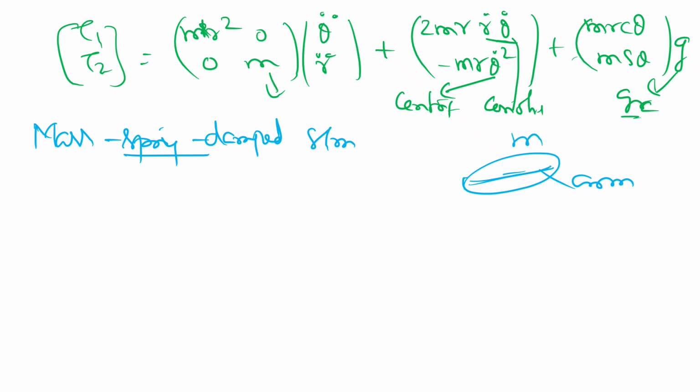If this link is attached to another link, here you have friction, so that is damping, and then the joint stiffness is there, so that is called spring action. So we can simulate a simple arm as a mass spring damper system, because you have mass, and if it is rotated with another body, then it has friction that is given by the damper. And another one is spring action, which is the stiffness of the arm.